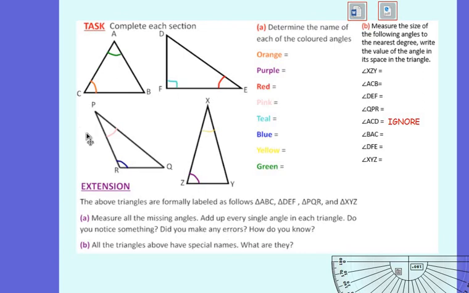If you've printed the PDF in black and white, make sure you match up each of the colours using this video so you know which angles it's talking about in part A. Please also ignore this part of part B where it says angle ACD because you'll notice that doesn't exist. Please pause the video and spend 10 to 15 minutes on those questions now, please, using your protractor to help.